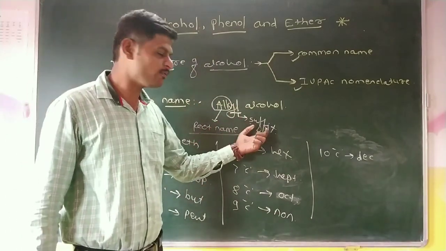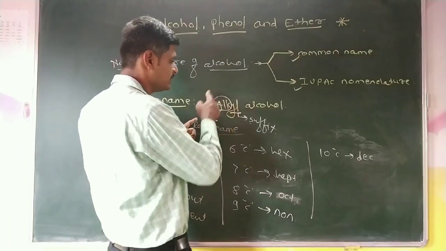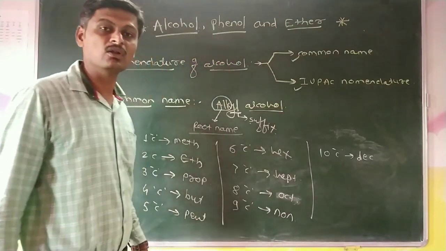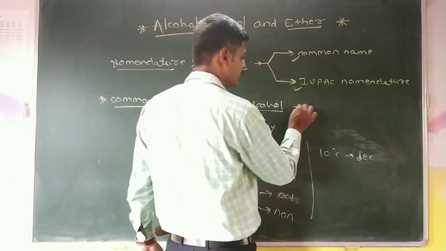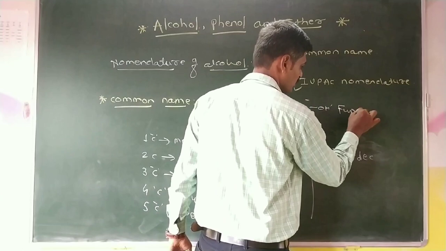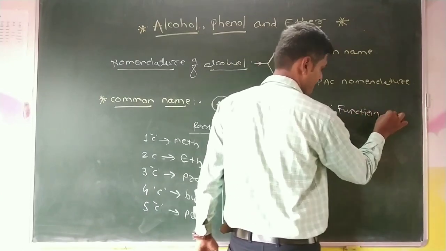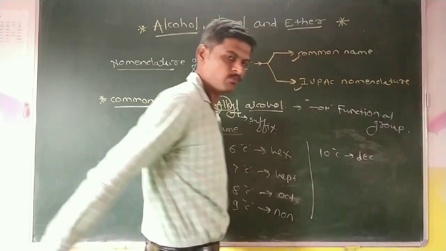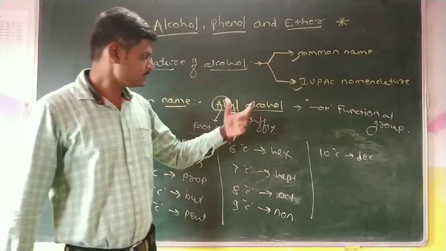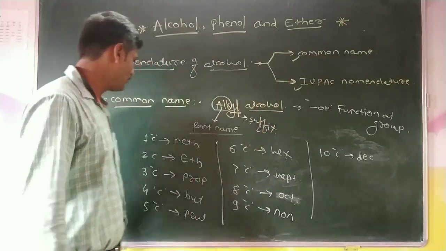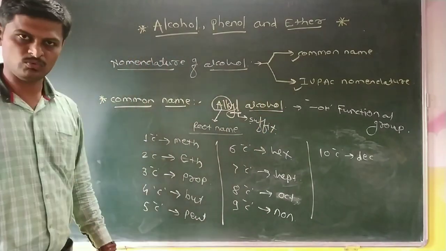After the root name and the alkyl group, we write alcohol. This alcohol indicates the hydroxy functional group. Then this alkyl alcohol form is the common name of alcohol.